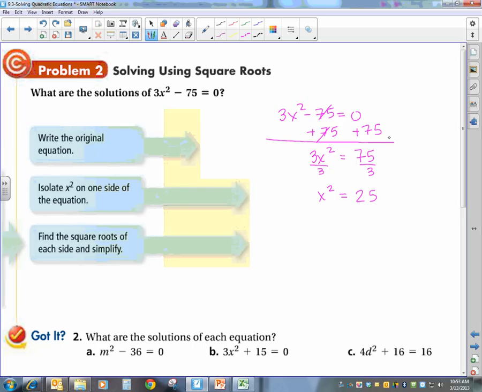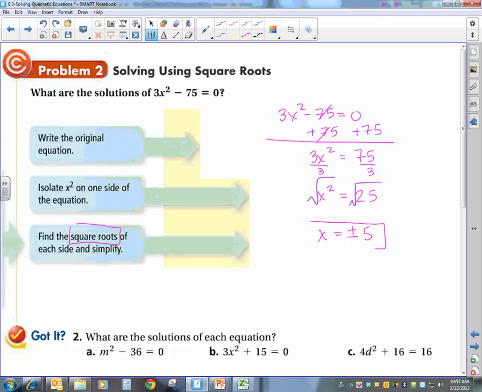Okay? And what you're going to do this time right here is we're going to take the square root of both sides. So the square root of that side and the square root of this side. We have to do it to both of them at the same time. And when you do that, your answer will be plus or minus 5, because the square root of 25 is 5.